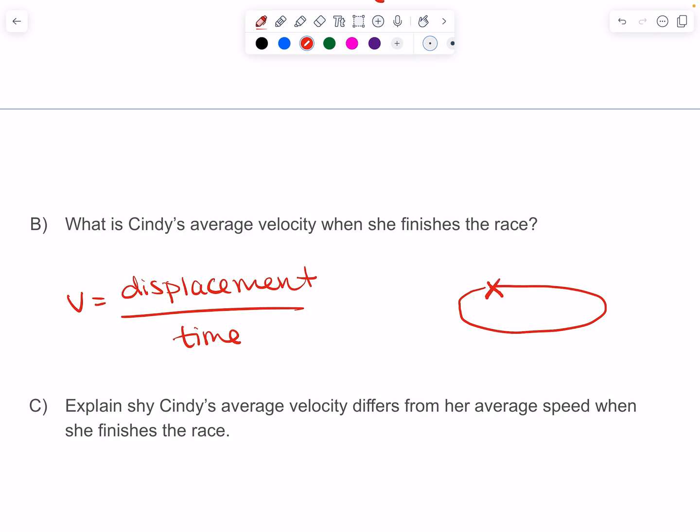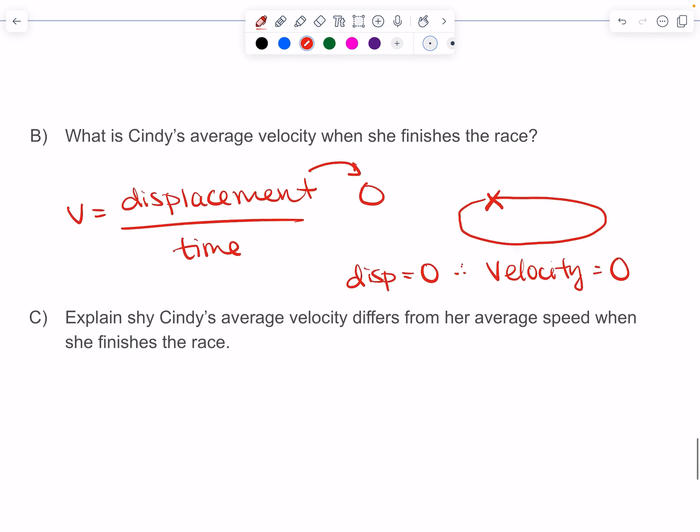So if that's the case, what is her overall displacement? You're right, her displacement is 0. So because her displacement is 0, therefore her velocity is 0. If she's not running in a straight line, velocity and speed measurements are going to be very different.